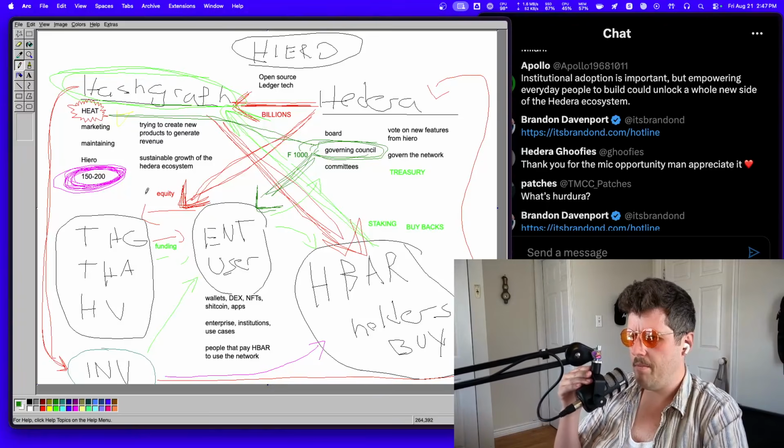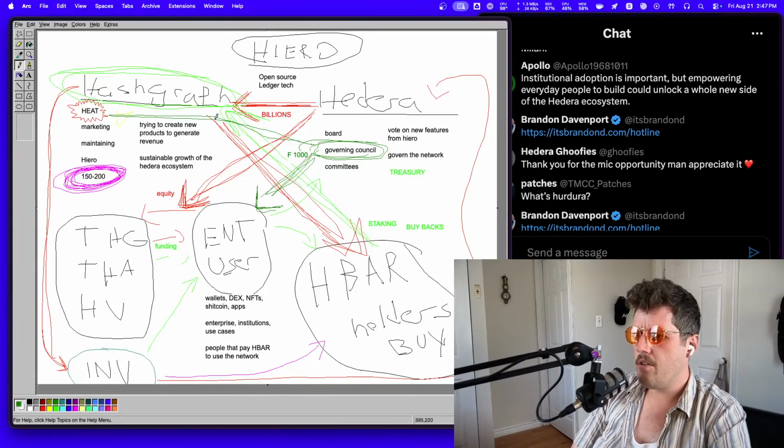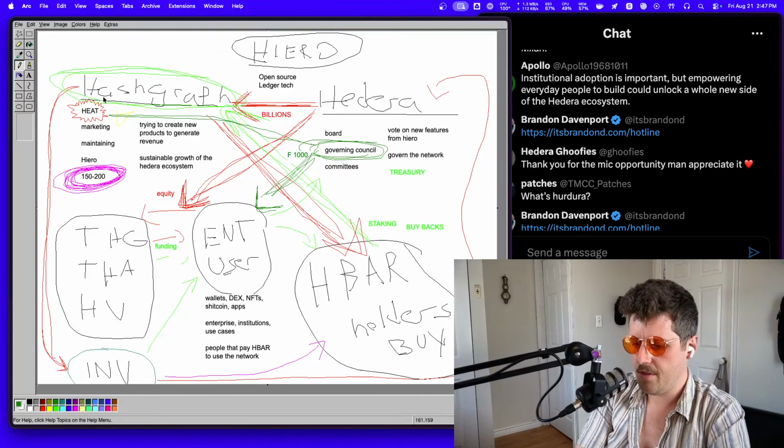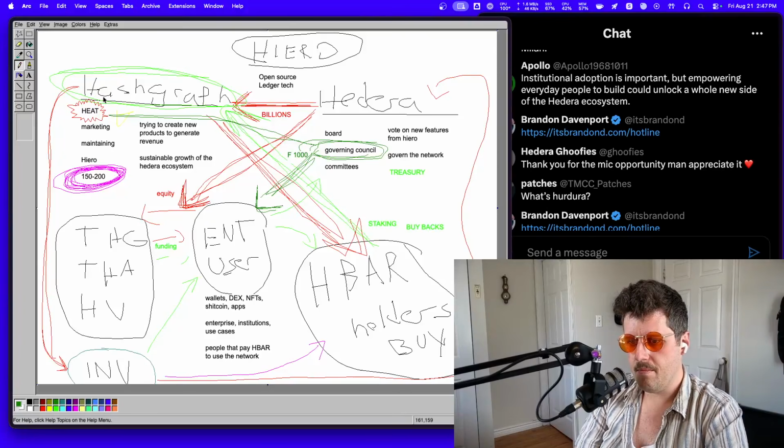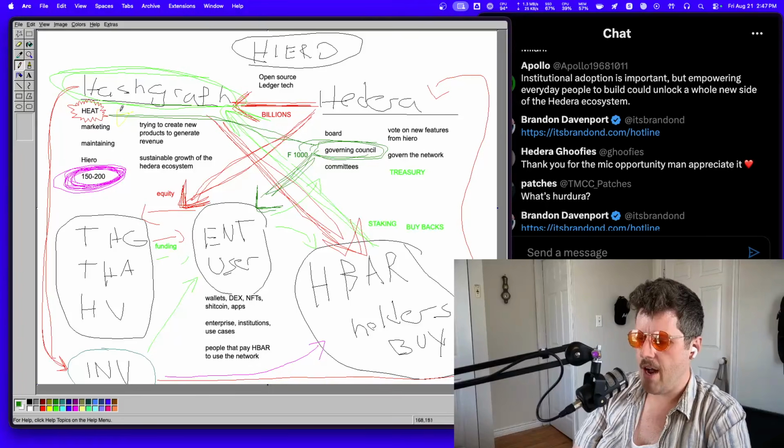Here's the other thing. Let me flip it. HashGraph, we don't also have to have a situation where HashGraph is making money or is self-sustainable. That doesn't have to be the case either. HashGraph could also continue making no money.